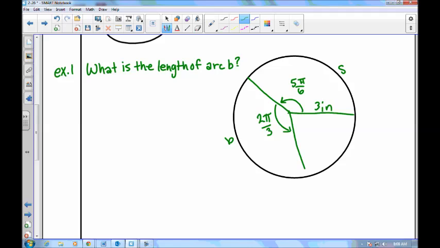Okay. The question for example 1 is, what is the length of arc B? Formula is S equals radius times theta. So using the formula, let's find the length of B. Austin, what should we plug in for S?